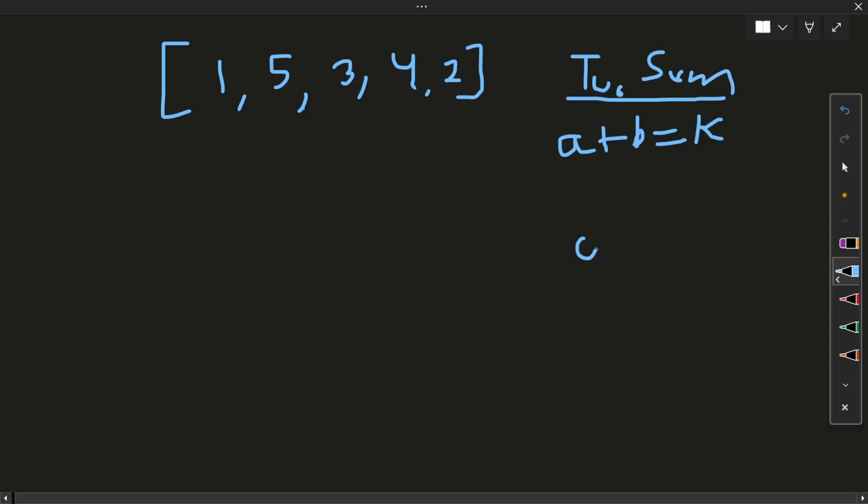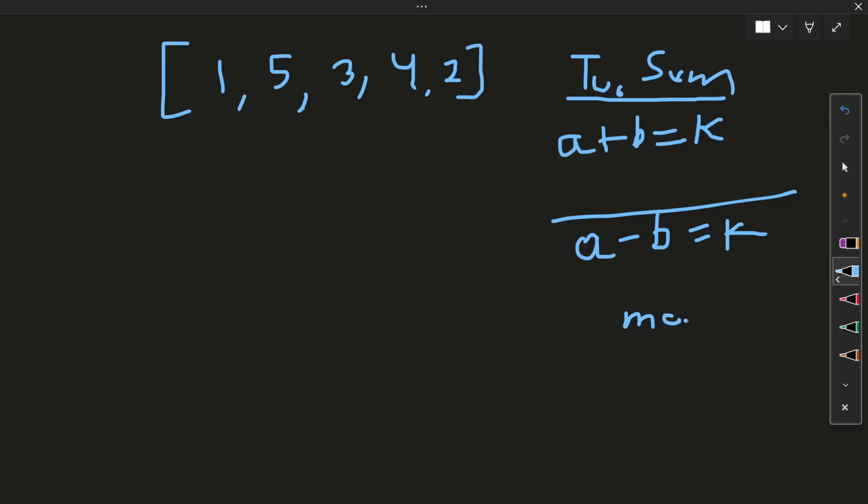And in today's POTD, we need to find whether a minus b is equal to k. So this question is a different variation, and we will apply a map here. Using the map, we will try to solve this question.